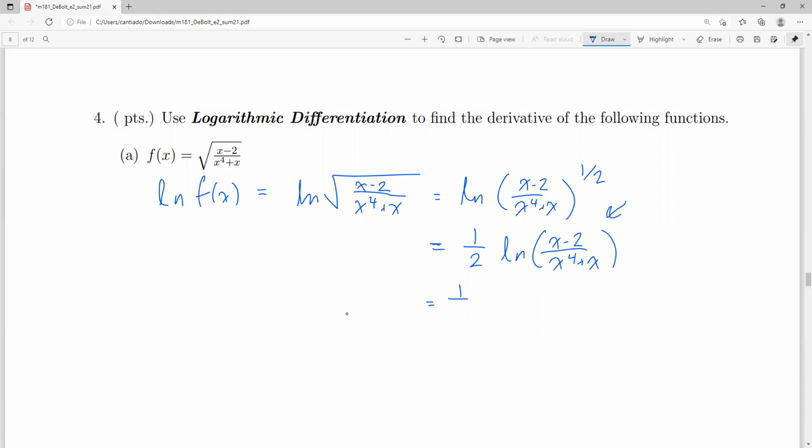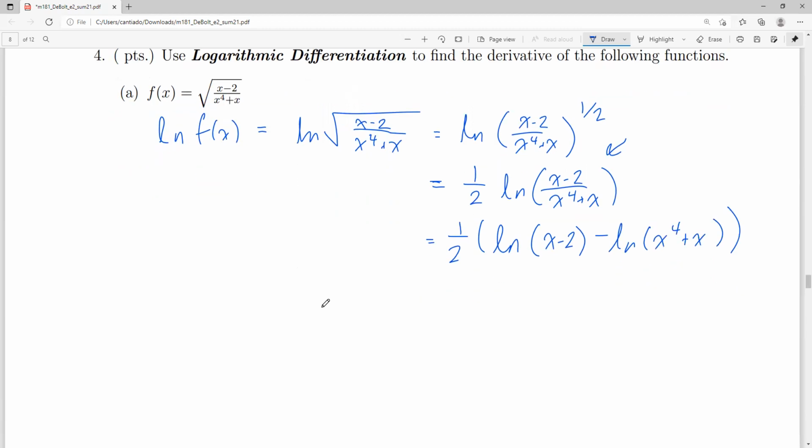This is the difference rule of logs. So this will be ln of (x minus 2) minus ln of (x to the 4th plus x). And this is totally valid to do as well. The reason I do that is because this might be a lot easier to work with when we start taking the derivatives. I could be wrong, but let's see what happens, right?